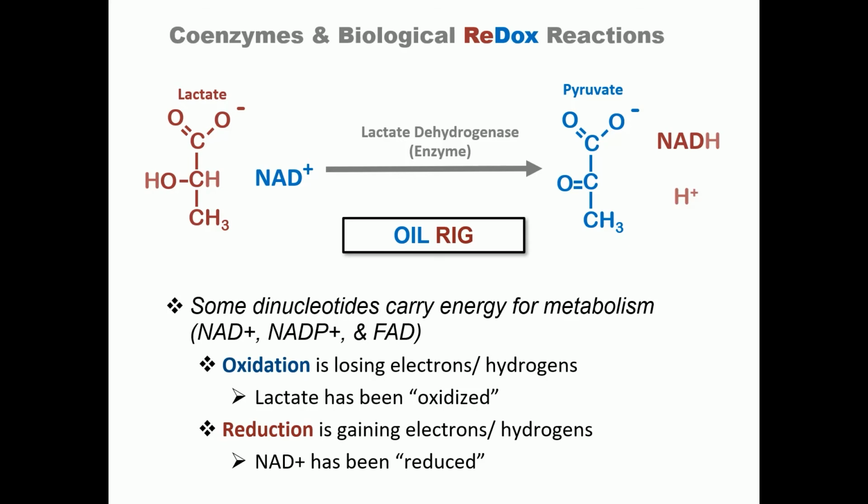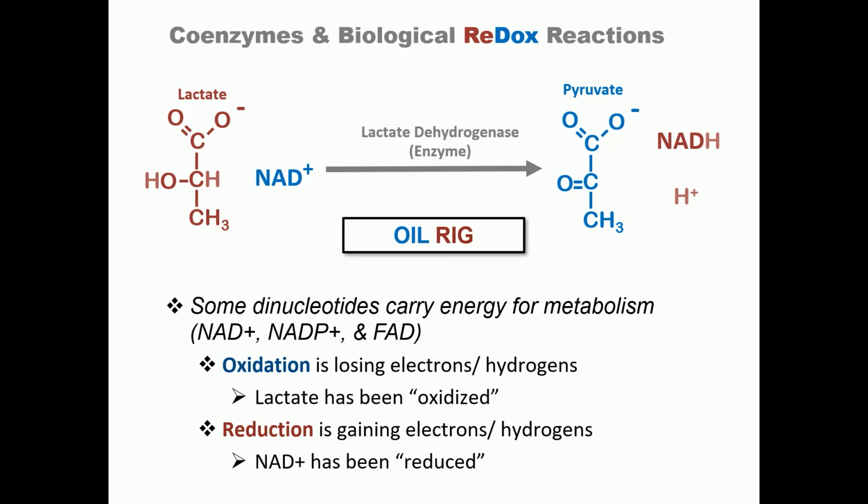Oxidation is losing. Which molecule lost hydrogens? Lactate did, and lactate was oxidized, so oxidation is losing. Reduction is gaining. Which molecule gained hydrogens? NAD did, so it was reduced. Reduction is gaining hydrogens.